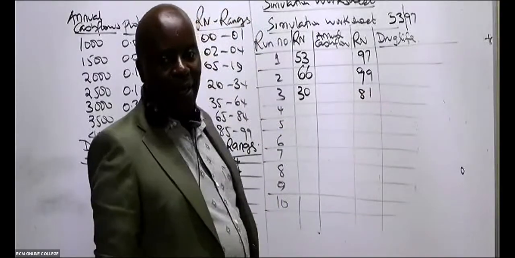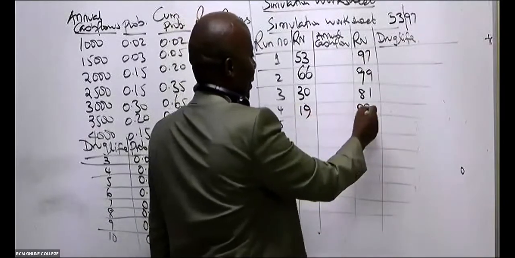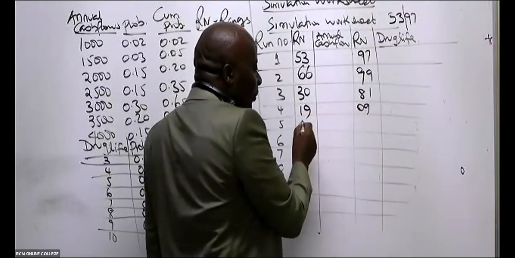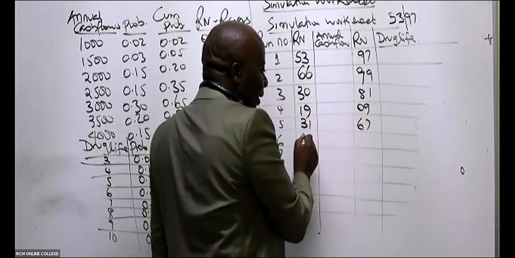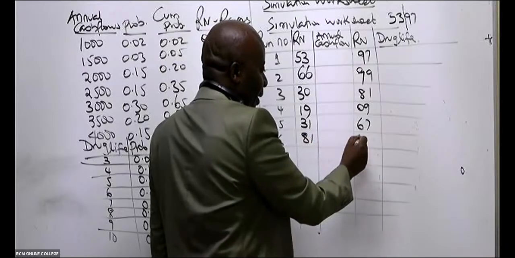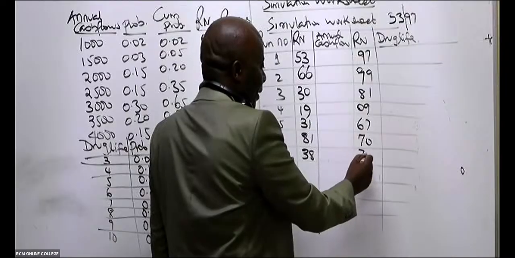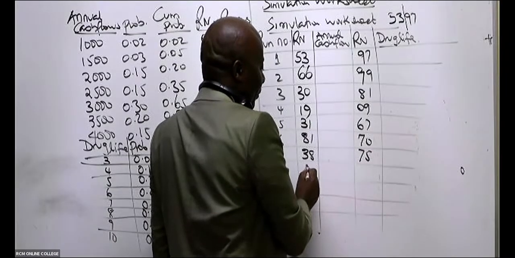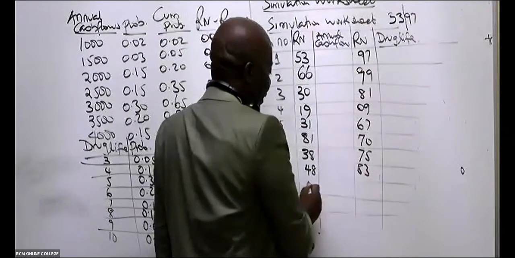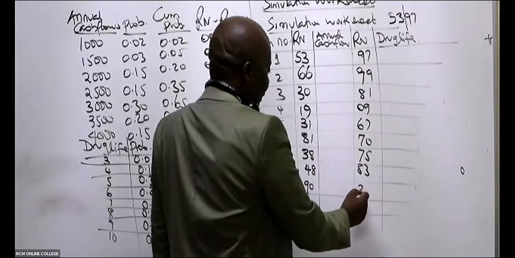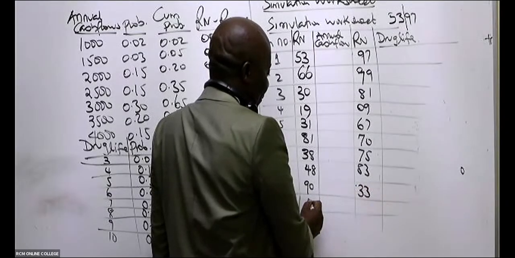Then 1909, 3167, 8170, 38, 48, 83, 90, 13, 33, 58.